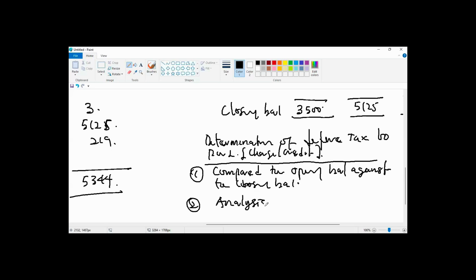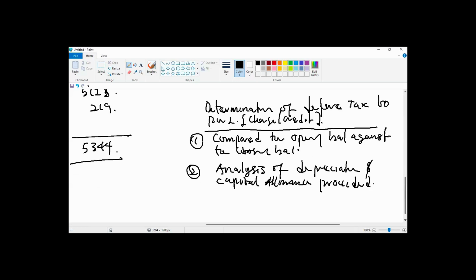Two, analysis or interpretation of depreciation and capital allowance, but provided that the difference in rates is the only source of temporary difference.